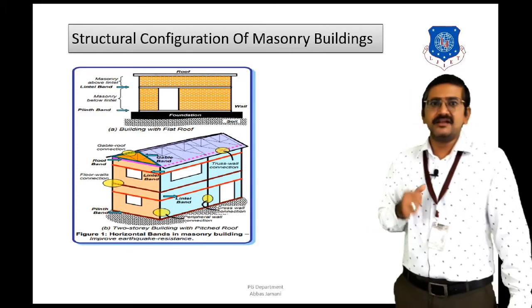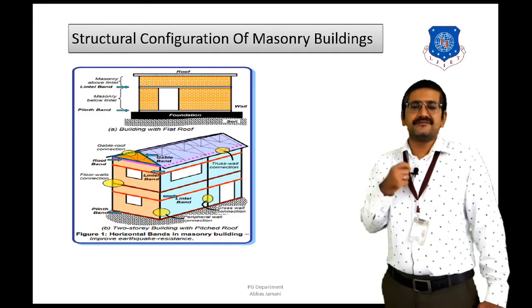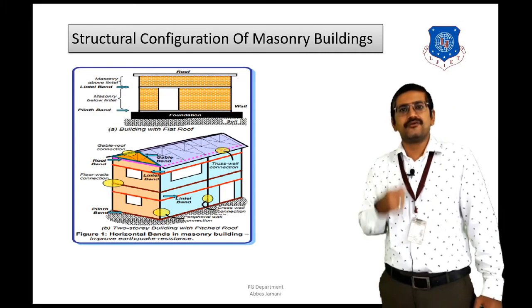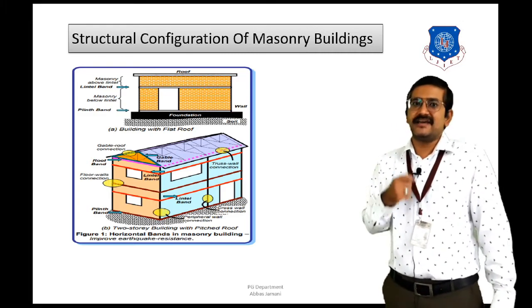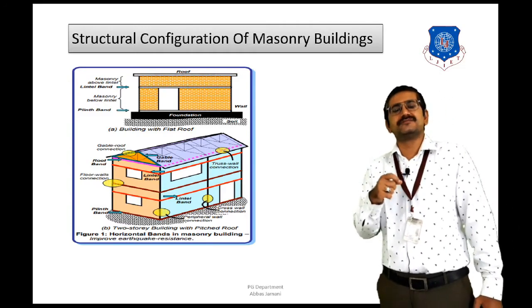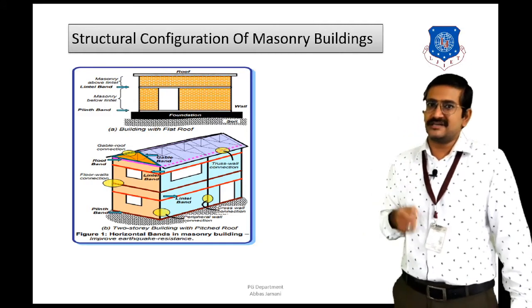For example, if zone 2 is there, then the possibility is that if you provide only one of these bands, then it is okay. But when you talk about high seismic zone, that is seismic zone 4 and 5, then as per IS 4326, you may have to provide all these four bands, and in addition to these four bands, you will have to do the vertical reinforcing also, right? That is what we are going to discuss in the next lecture.